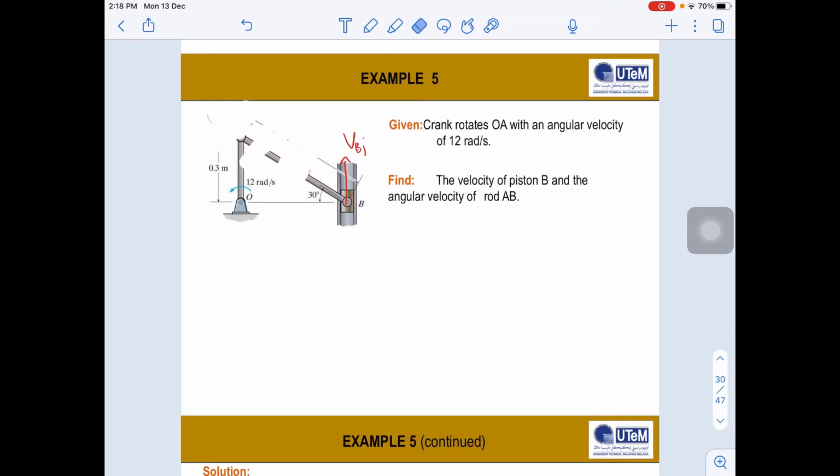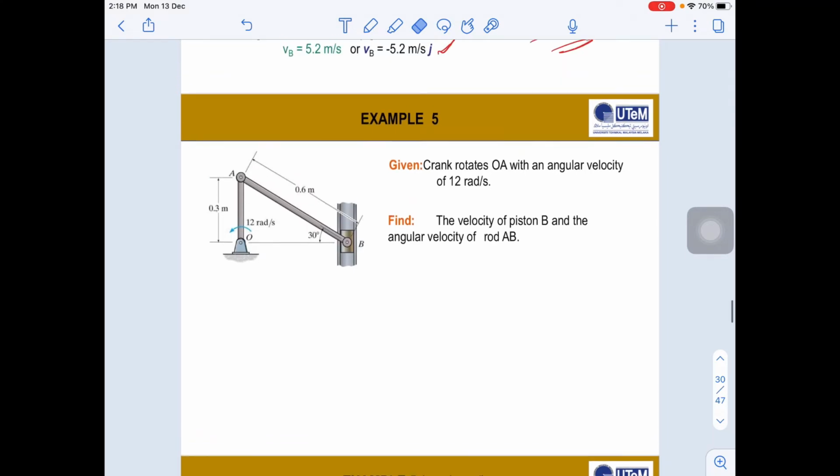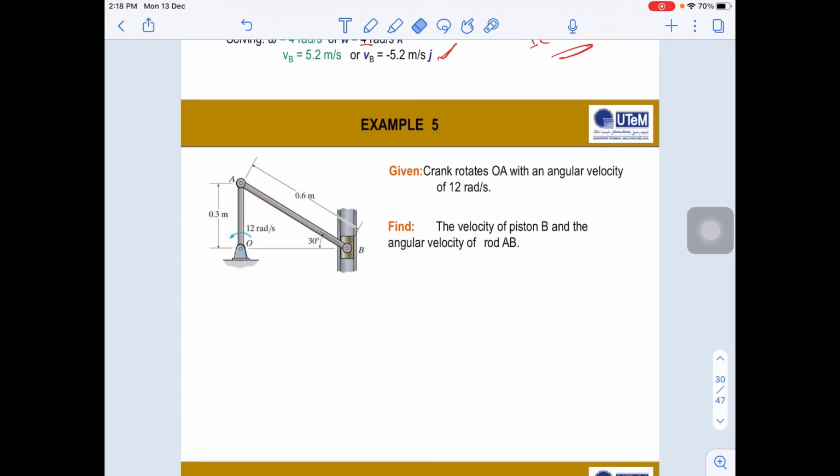Look at this problem. Crank OA rotates with an angular velocity of 12 radians per second. Find the velocity of piston B and the angular velocity of rod AB. Since crank OA rotates, VA must be at 90 degrees to OA, and VB must be in that direction.